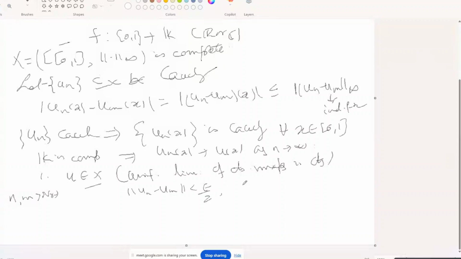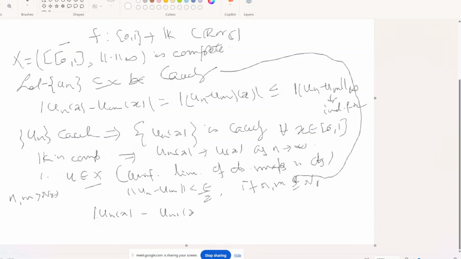Why is this true? Because we have assumed this to be Cauchy. Now you look at u_n(x) minus u_m(x).